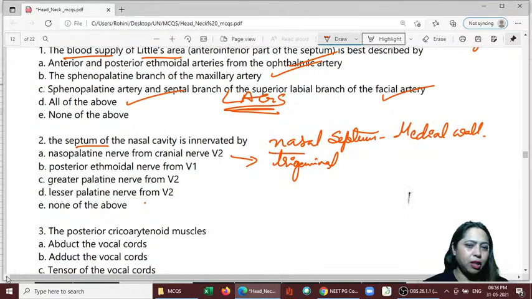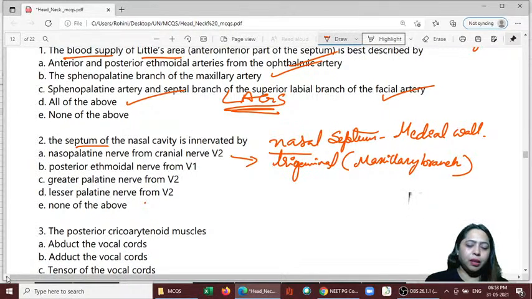It has this branch, that is the maxillary branch. Okay. Now who is answering this? You think it is B? Is it ethmoidal? Nasal septum. Think properly. Is it posterior ethmoidal?